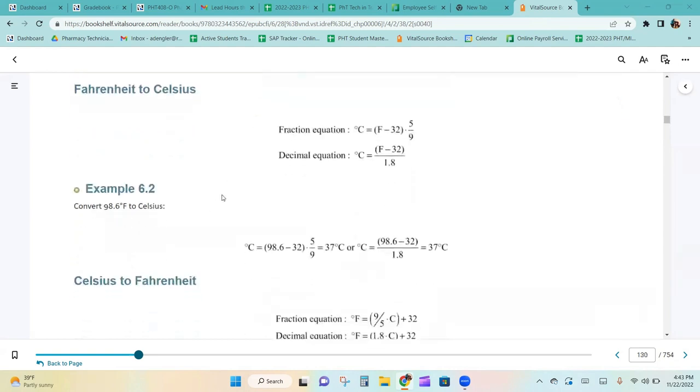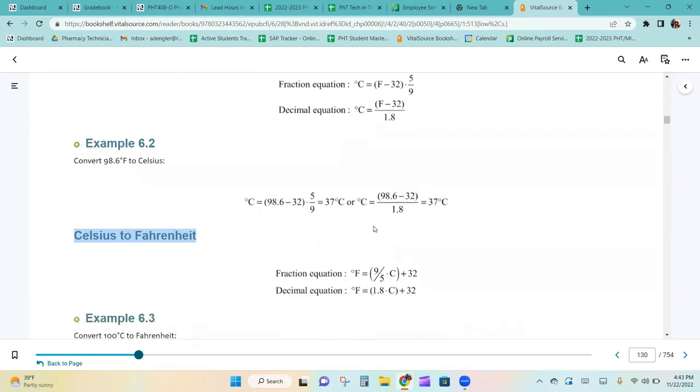So here is the formula from going from Fahrenheit to Celsius and Celsius to Fahrenheit. So now we will do an example problem.